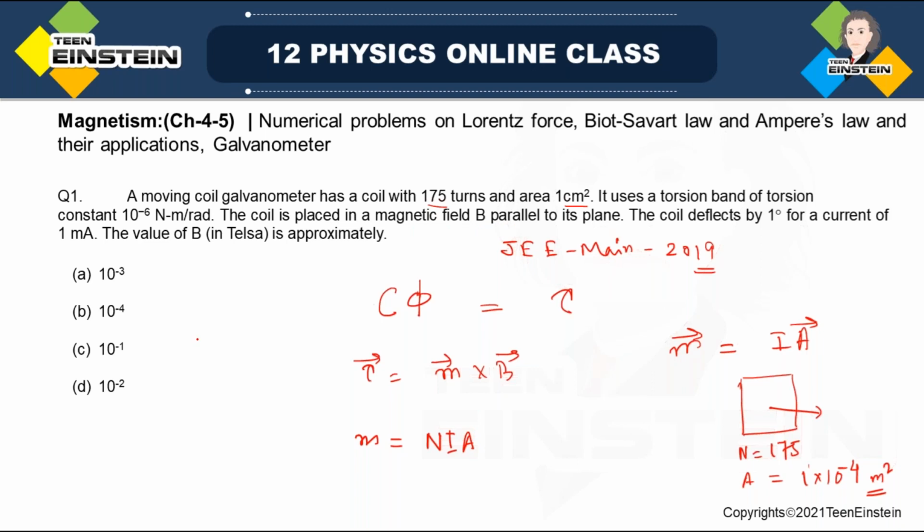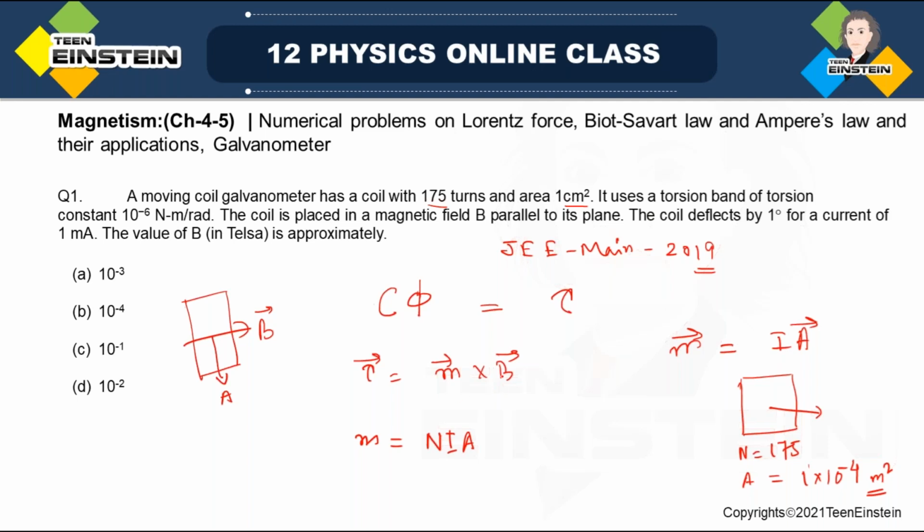As I said, here the magnetic field is parallel to the plane. So if this is the plane, the magnetic field is applied parallel to the plane. That means the area vector is perpendicular to the magnetic field. This is the magnetic field, this is the area vector.